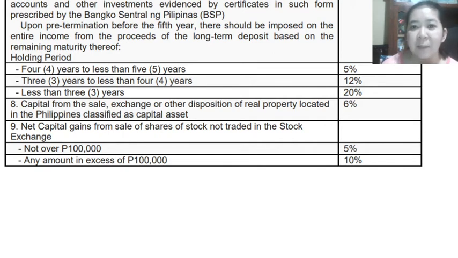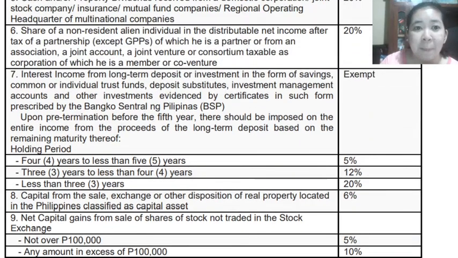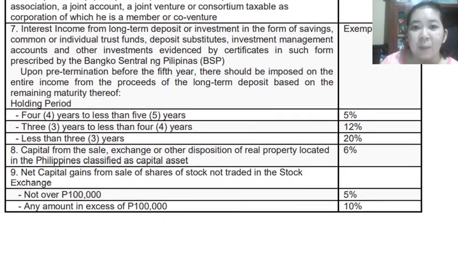And if the depositor withdraws his deposit in less than 3 years, for example after 2.5 years, all his proceeds from that deposit will be taxed 20%. Okay, so that is for the interest income from long-term deposit.